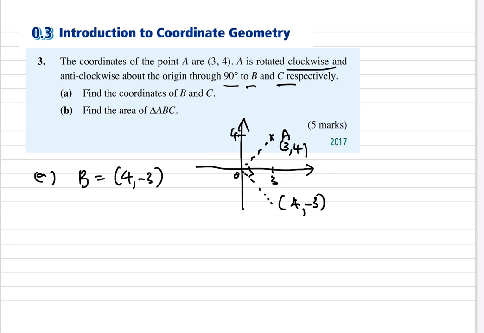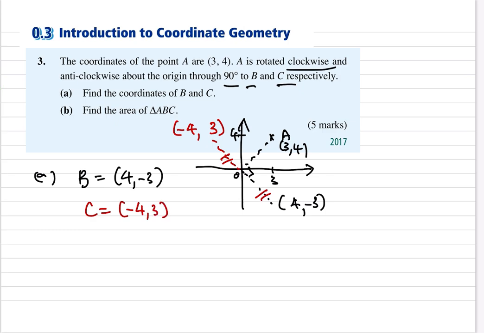And for the coordinate of C, you can think of it the other way around, or as the opposite of B. These two have the same distance, and they have the same numerical values for x coordinate and y coordinate. So this is -4 and 3. You need to think about it: it's the second quadrant, the x coordinate is negative and the y coordinate is positive. So C is -4 and 3.